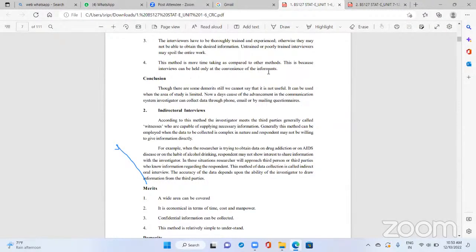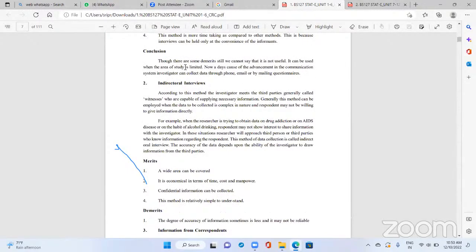Now coming to the conclusion, though there are some demerits, still we cannot say that it is not useful. It can be used when the area of study is limited.